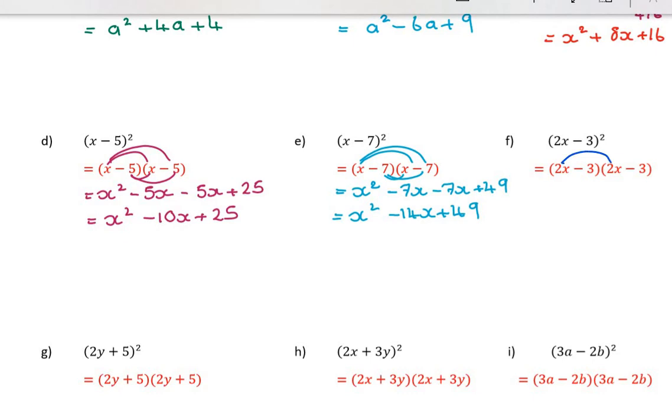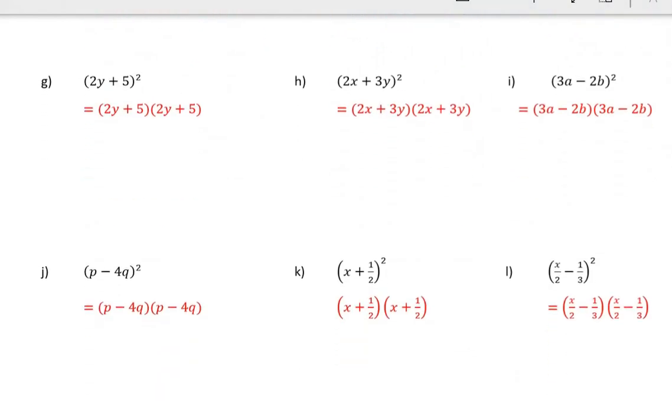Next, 2x times 2x is 4x squared, minus 6x, minus another 6x, plus 9, which like terms make 4x squared minus 12x plus 9. Okay, on to our next ones.